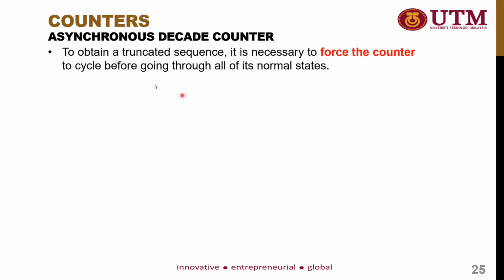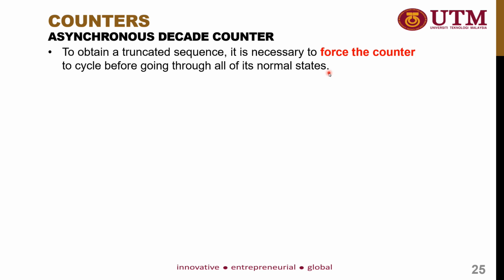To obtain a truncated sequence, it is necessary to force the counter to cycle before going through all of its normal states. Right now, we want it to count from 0 to 9. But according to the previous definition, the total number of states that the counter can have is 2 to the power of n, where n is the number of flip-flops.